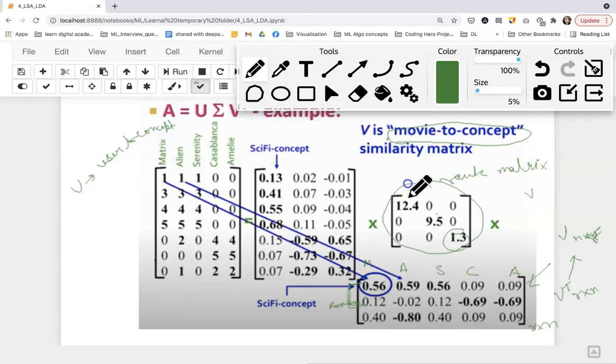This is for the first concept, this is the strength of the second concept, and this is the strength of the third concept.